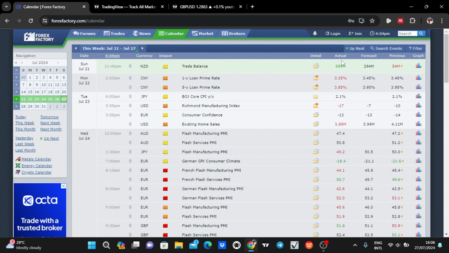But when the news release came out, it came out very high, higher than the forecast, higher than the previous. That's why they colored it green. Okay. And what does that mean? When the news comes out positive, it tells you that that particular currency, the New Zealand dollar, is strong.